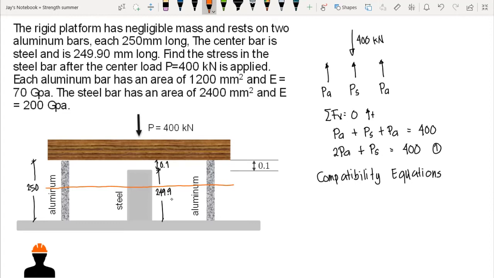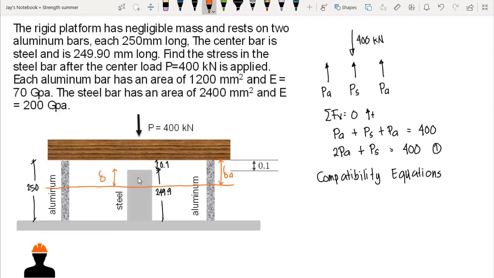This is only an exaggeration, just to internalize the deformation diagram. This one here is the deformation of the aluminum. When our platform goes to this line, we also have a deformation in the steel bar.